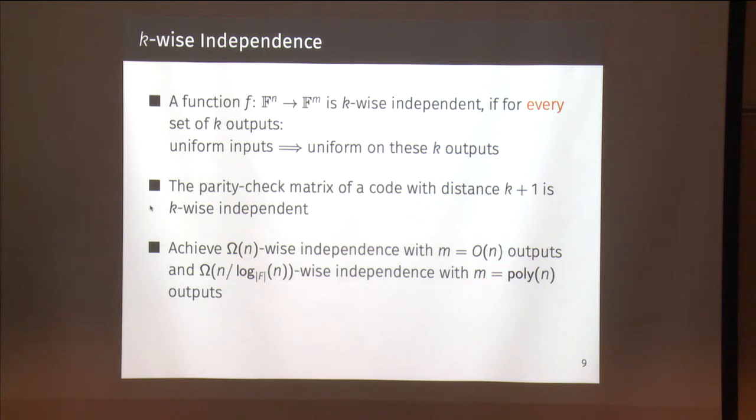And for a polynomial number of outputs, you can achieve n over log n wise independence. Both of these bounds are known to be optimal. So we essentially have n wise independence over any field. For this lower bound, we don't need that much independence. We'll, for example, prove that even square root of n wise independence is sufficient for the cell sampling lower bound.